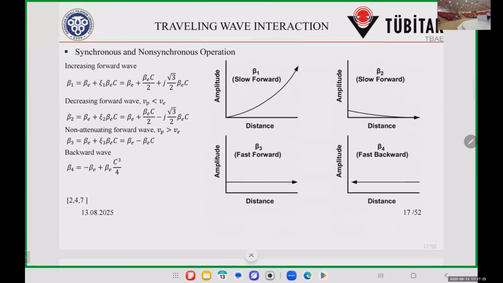So we can classify these roots: beta 1 is a slow forward growing wave, beta 2 is a slow forward decaying wave, beta 3 is a fast forward unattenuated wave, and beta 4 is a fast backward wave.